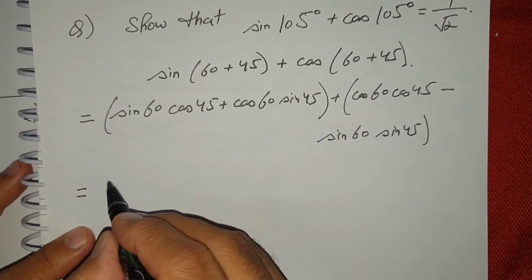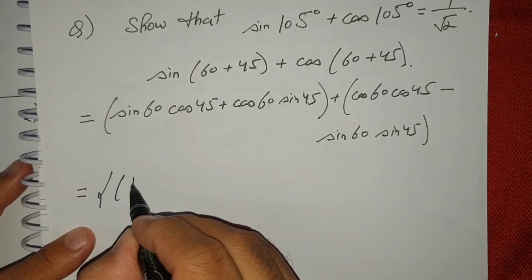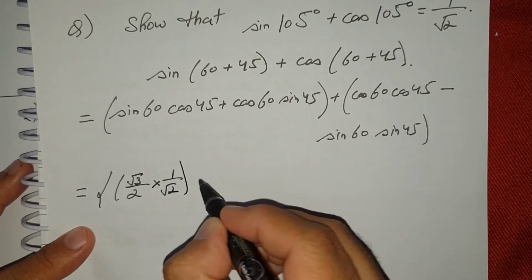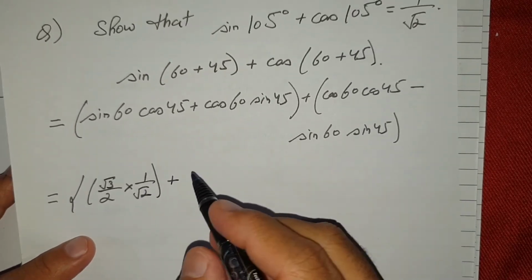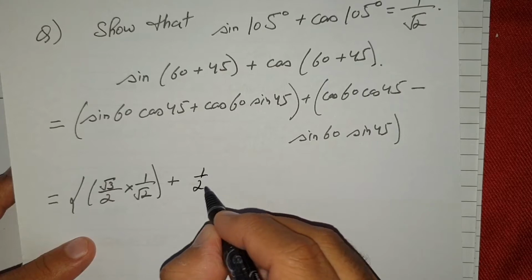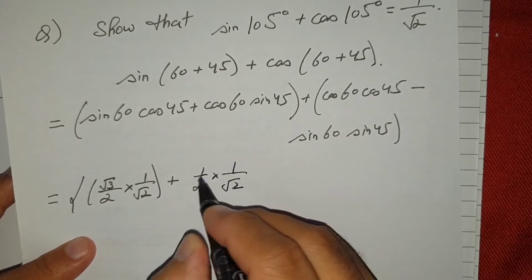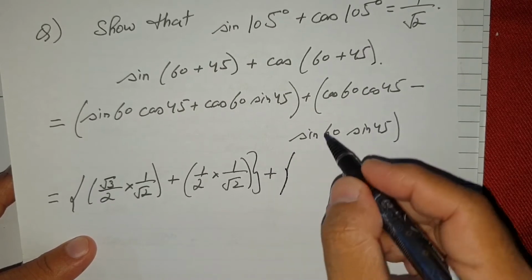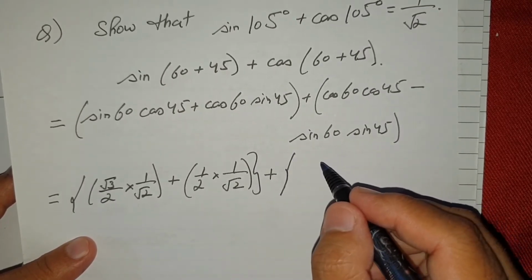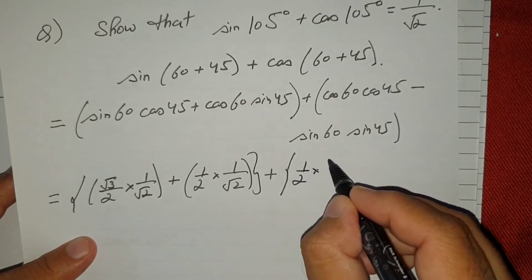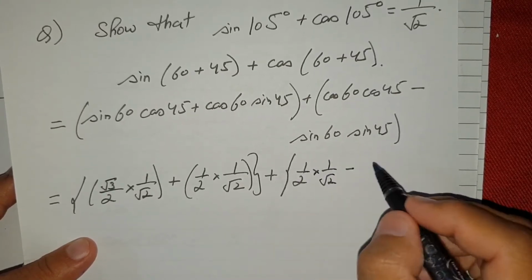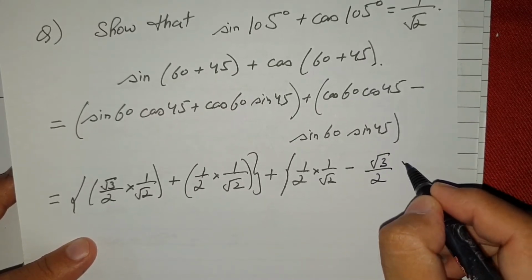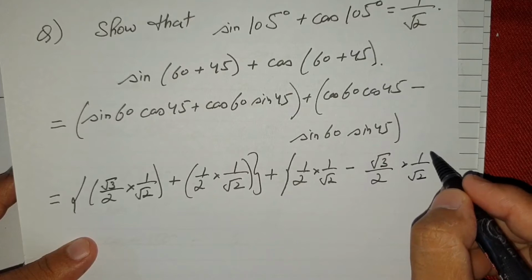Sine 60 is root 3 by 2 into cos 45, 1 by root 2, plus cos 60 is 1 by 2, sine 45, 1 by root 2, plus cos 60 is 1 by 2, cos 45, 1 by root 2, minus sine 60, root 3 by 2, sine 45, 1 by root 2.